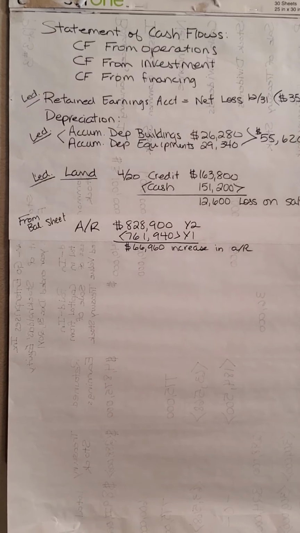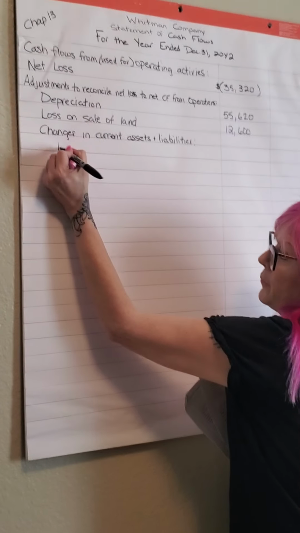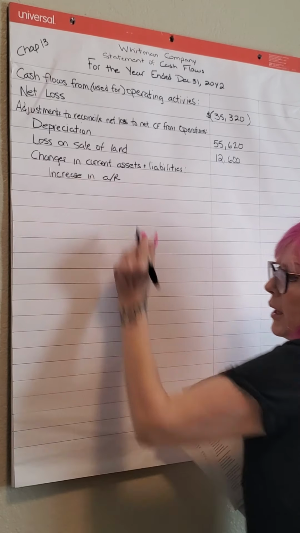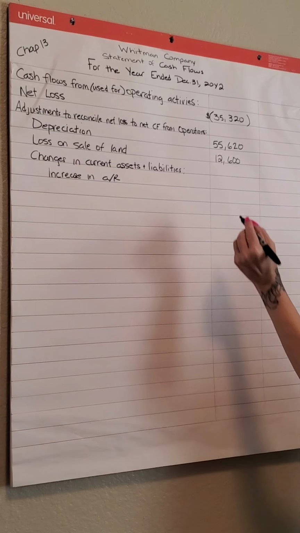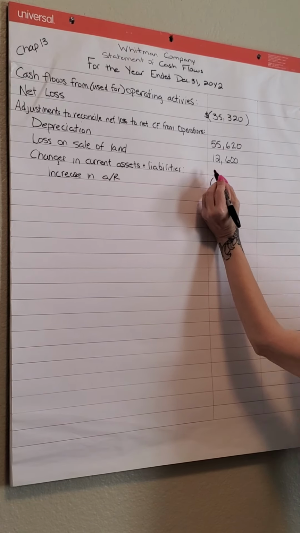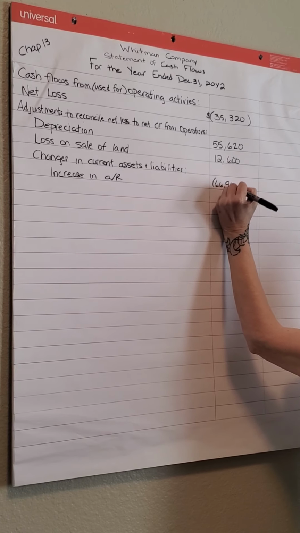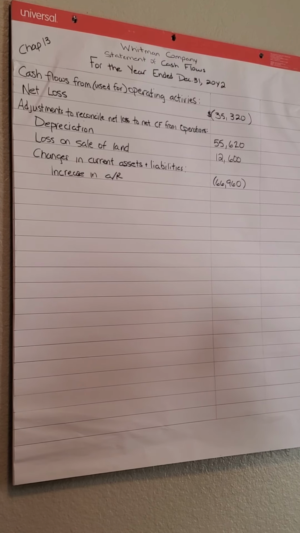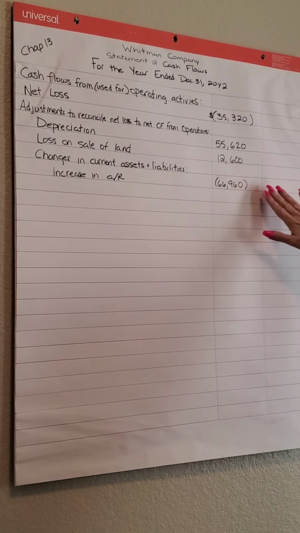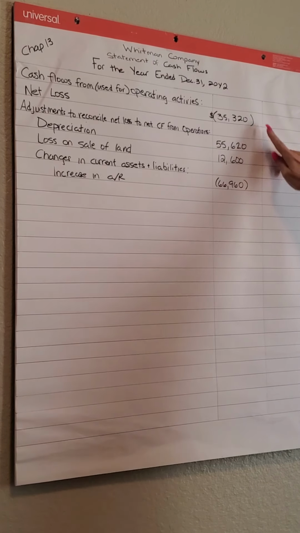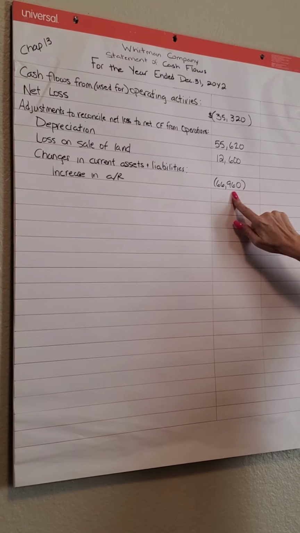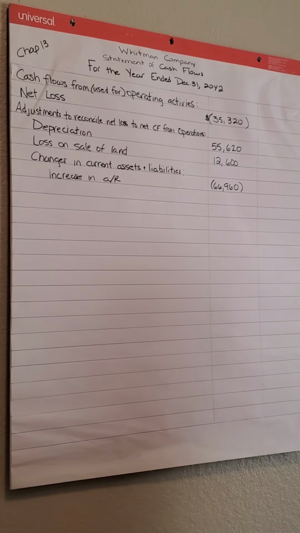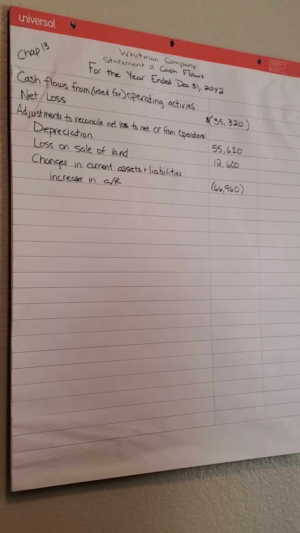So we're going to take this increase in accounts receivable and subtract it from the net loss based on accrual basis accounting. If we'd had a decrease in accounts receivable, that would have been more cash that we would receive, so we would have added that in. But since 66,960 of these sales were on account, we're going to subtract that. So that's the first item that we look at.